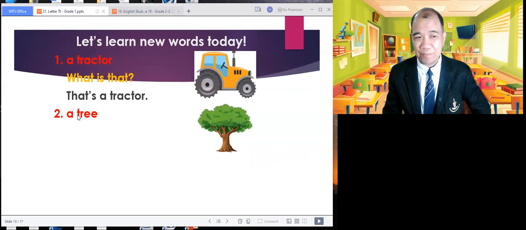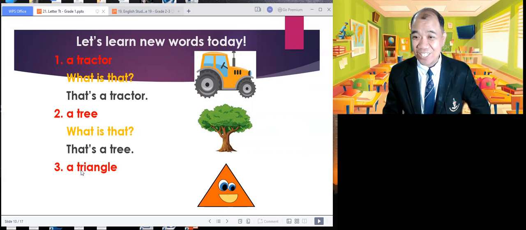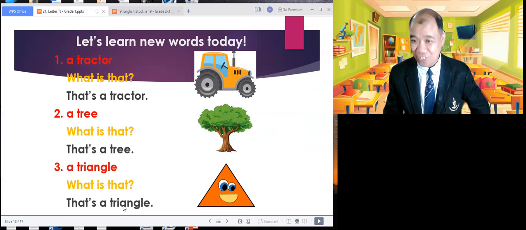What is that? That's a tree. A triangle. What is that? That's a triangle.